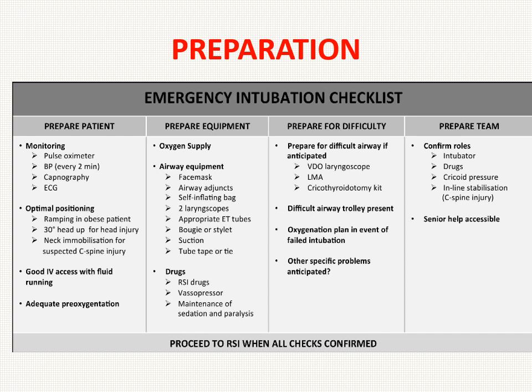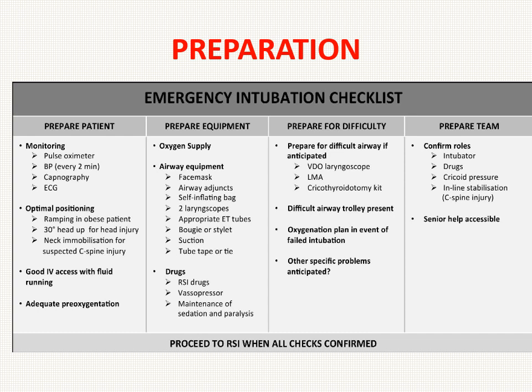And of course, preparation. Emergency intubation checklist. Prepare patient, prepare equipment, prepare for difficulty, prepare team. And of course, proceed to RSI when all checks confirmed. Prepare patient: monitoring, optimal position, good intravenous access with the fluid running, adequate pre-oxygenation.